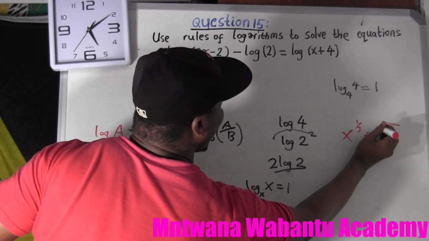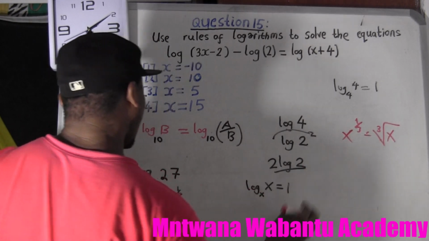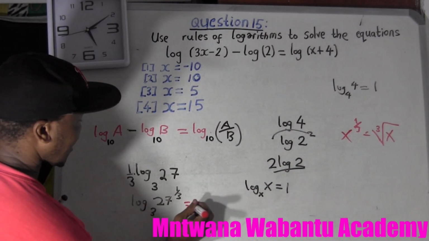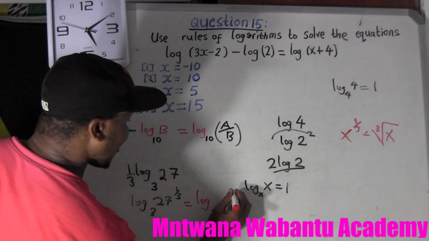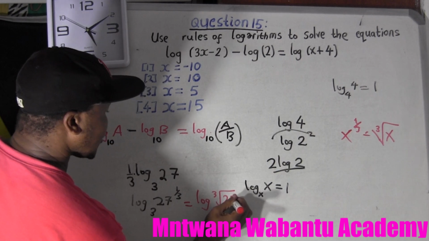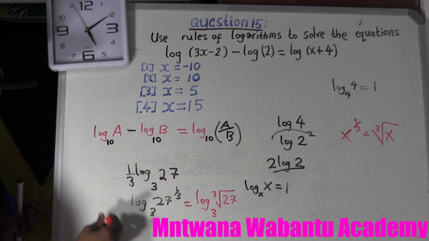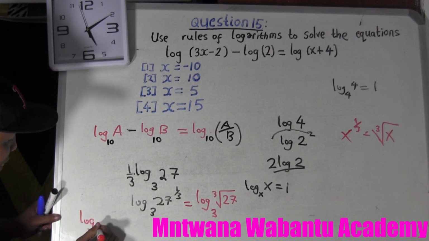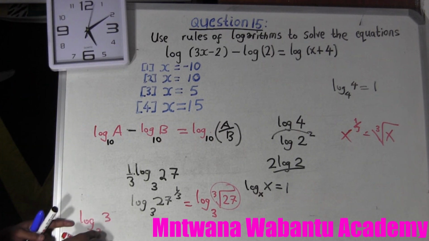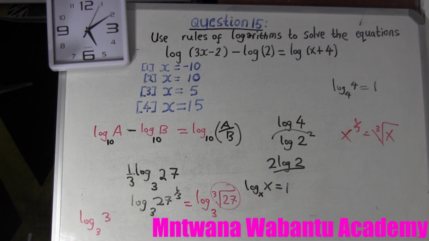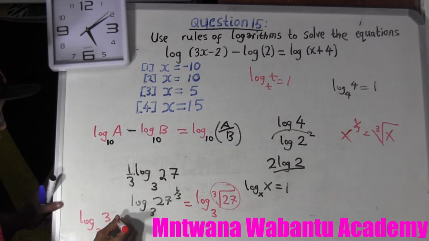You write your x, and then here you write your 3 as a root. 1 over 3 means root 3. So I have my log base 3, and then I'm going to write the cube root of 27. See? But what is the cube root of 27? Equal to 3. So this is log base 3 of 3. But what is it when the log and the base are the same? When they're the same, it equals 1. If you have log t under base t, it equals 1. So this equals 1.